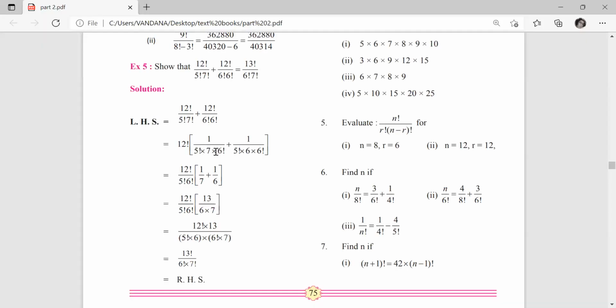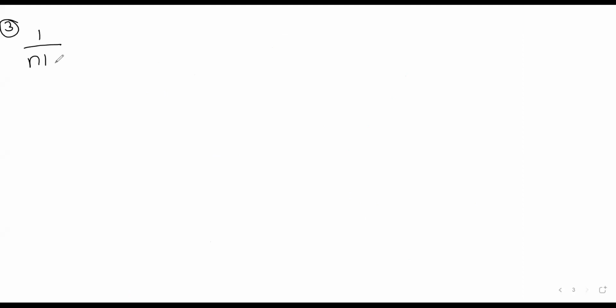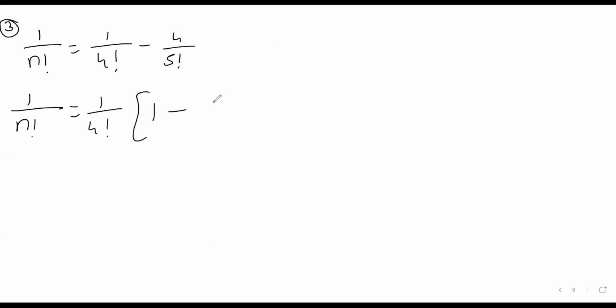The third one is also a similar type. 1 upon n factorial is equal to 1 upon 4 factorial minus 4 upon 5 factorial. I'll write 1 upon n factorial is equal to, now I can directly take it common also. 1 by 4 factorial if we take common, here it will be 1 minus 4 by 5.